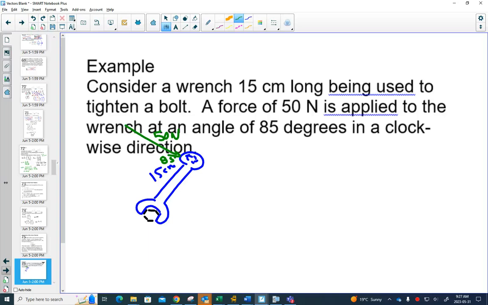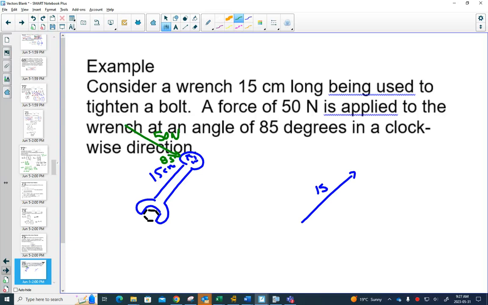Now vectors are free, so we have one vector here. This is vector u. This is our length of 15. We can take the green one because the cross product is based on tail to tail.